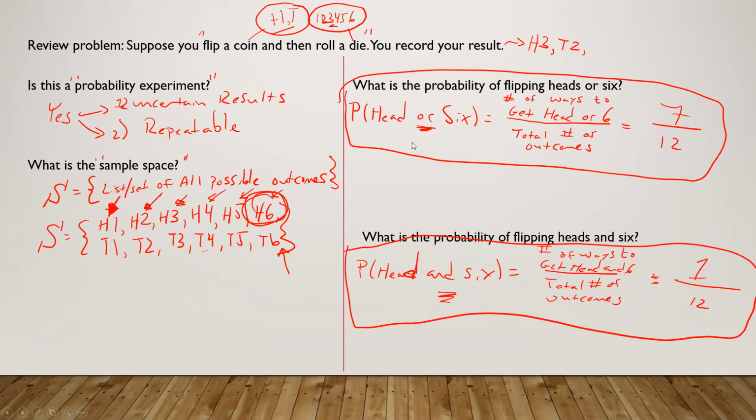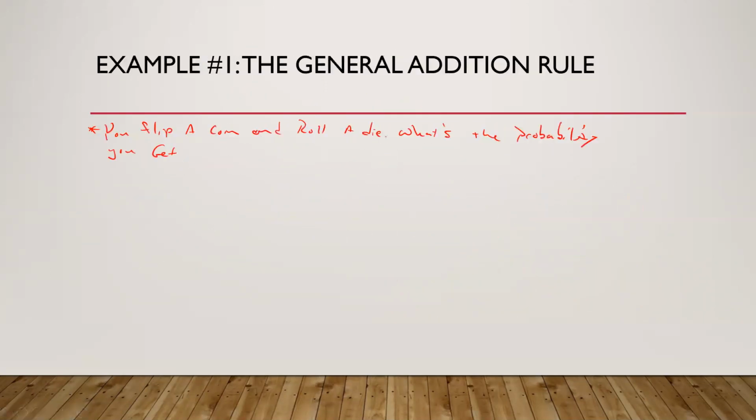A head or a 6? You're going to write it like this: the probability of a head or a 6.